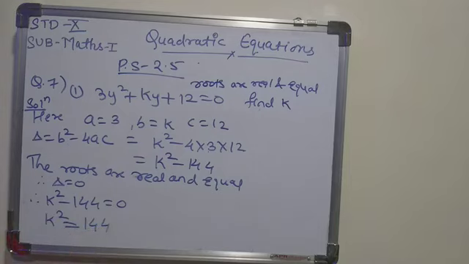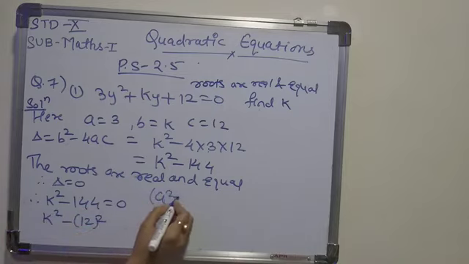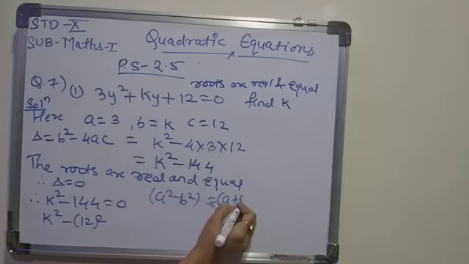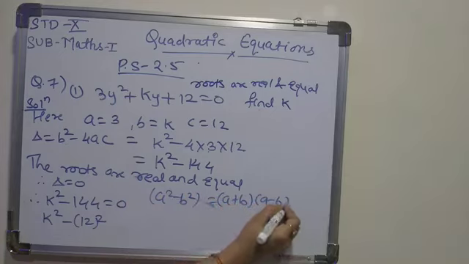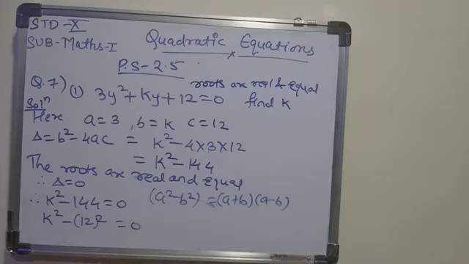Now find the square root of it, right? You can find the square root, or you can use the a square minus b square expansion, right? This is nothing but k square minus 12 square. We know this expansion, a square minus b square is equals to a plus b and a minus b equals to 0. Clear? So you will get k plus 12 and k minus 12 equals to 0.